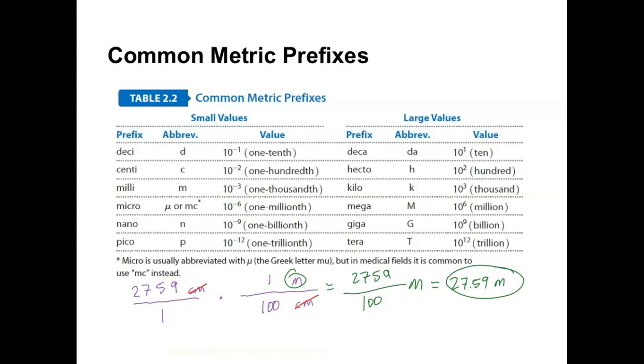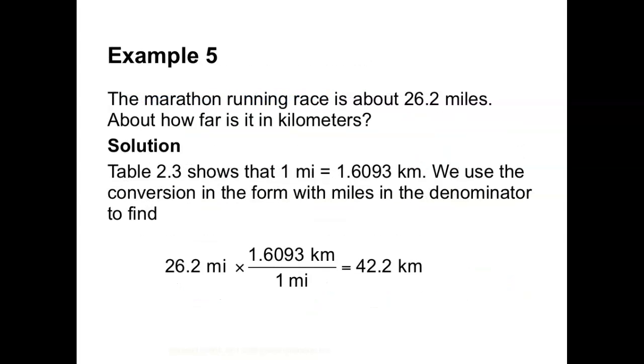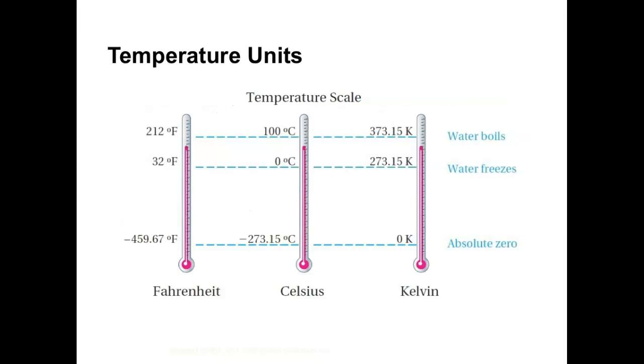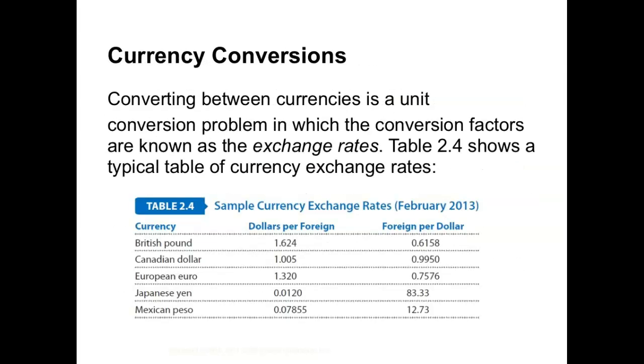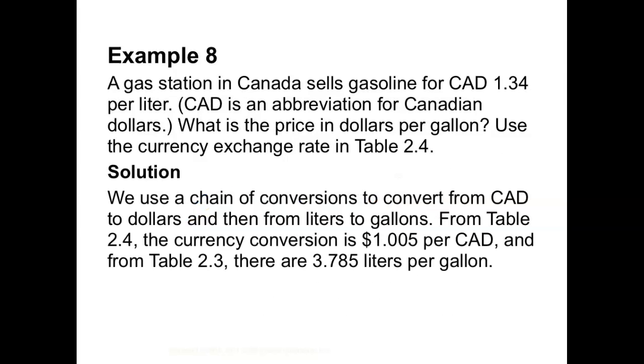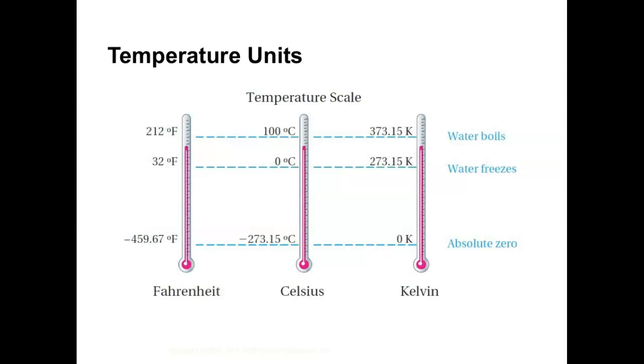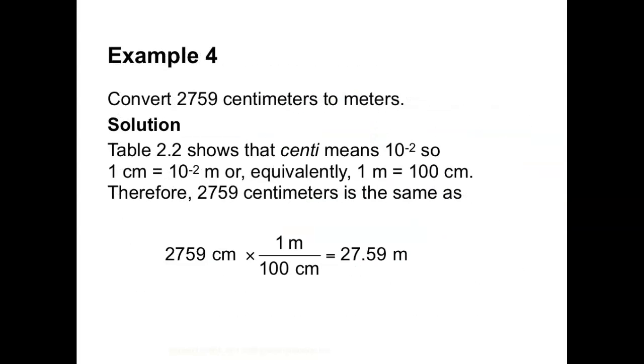All right. The marathon is 26.2 miles. How far is that in kilometers? So for this you'll need another table that I'll give you. It's not in here, but I will upload it for sure.